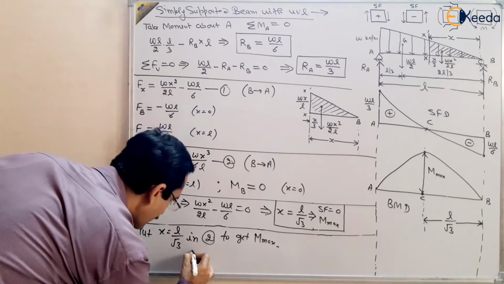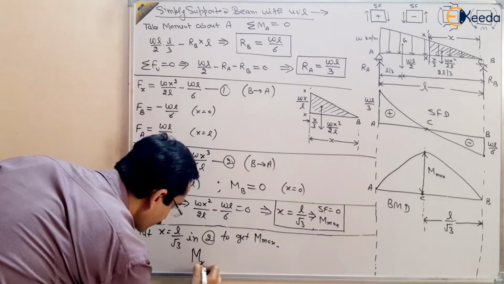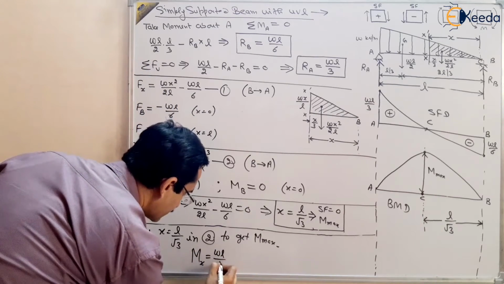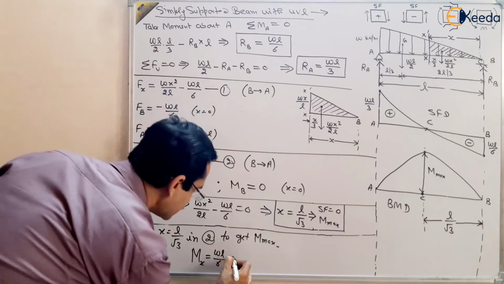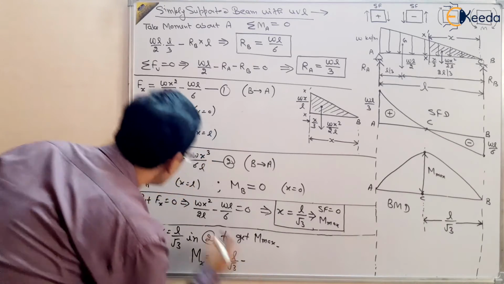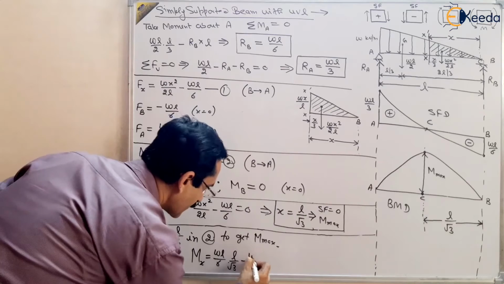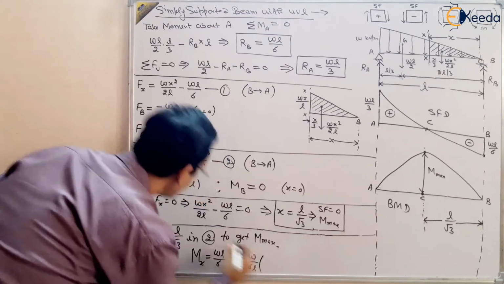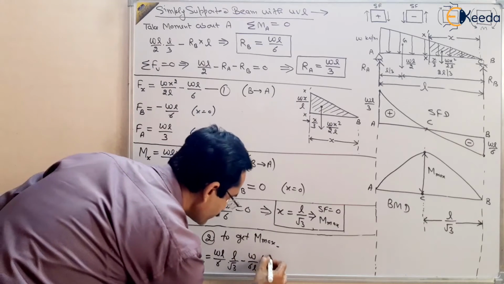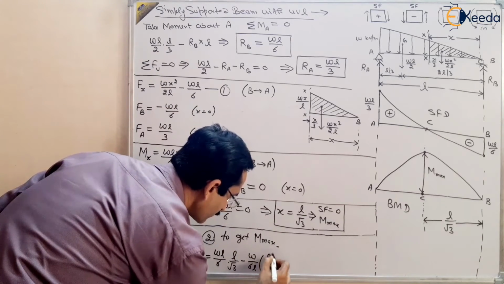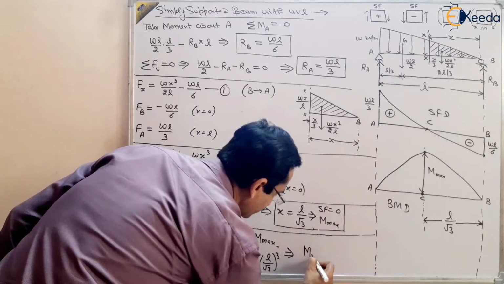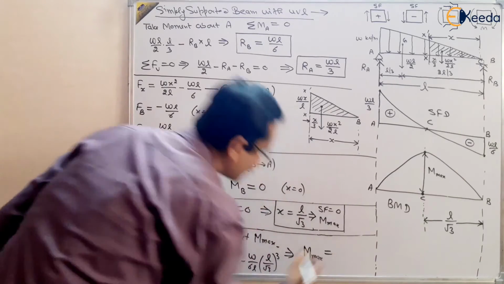So what is Mx? That will be equal to WL by 6 into x, which is L by root 3, minus W by 6L multiplied by x cube, which is L by root 3 cubed. By this you will get the maximum value of bending moment, Mmax.